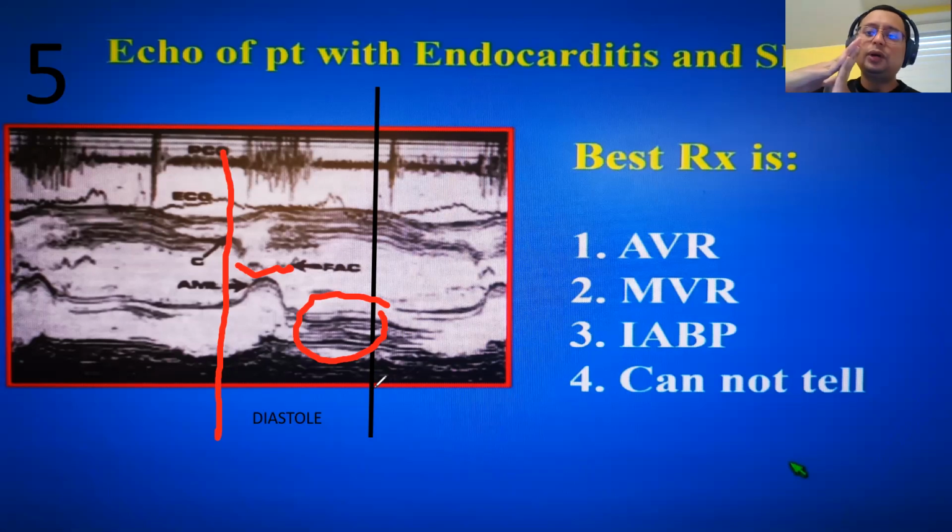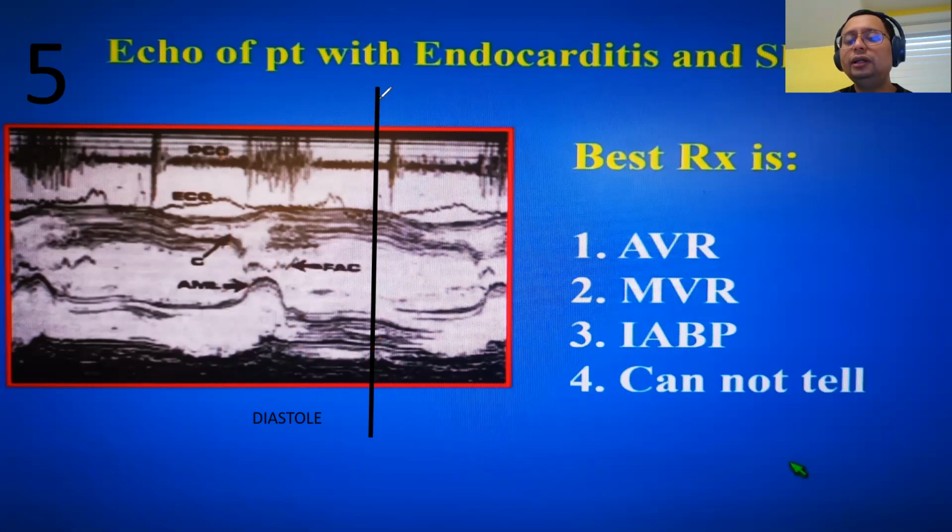So that's why in patients with severe aortic regurgitation, sometimes you can see diastolic closure of the mitral valve at the end of diastole. What you can see in this picture is premature closure of the mitral valve. So you can say that the aortic regurgitation is actually very, very severe.